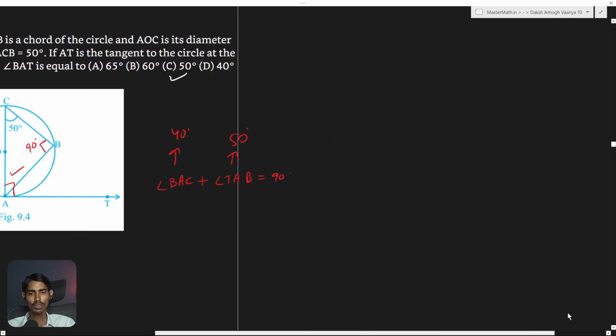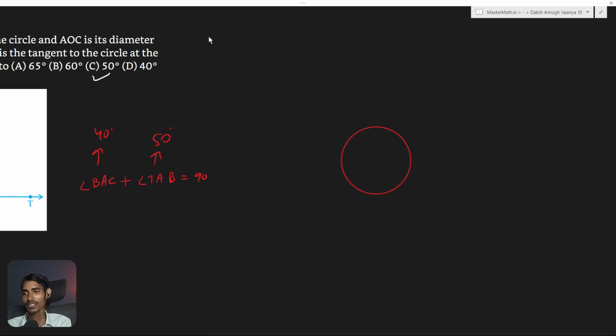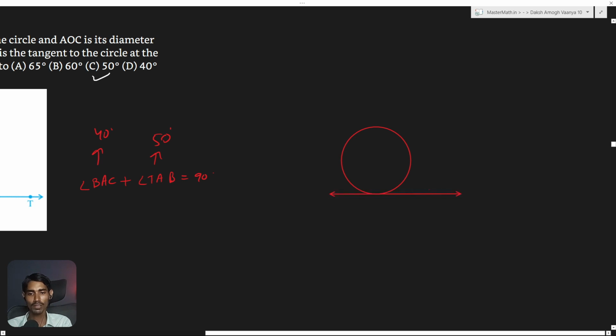There's a small concept. I don't know if you remember that or if it's not discussed much, but the exemplar has that. Suppose you have this tangent, and you have this chord. Suppose this is 50 degrees, and I make this angle ACB.